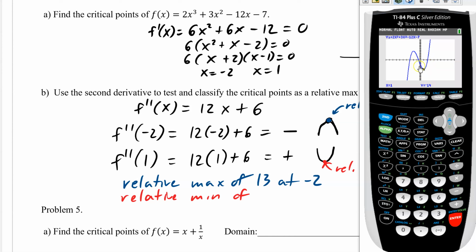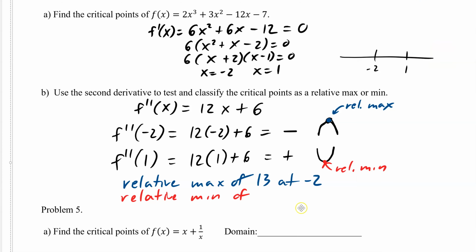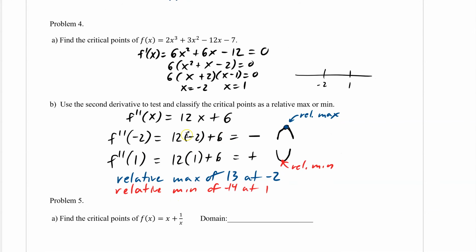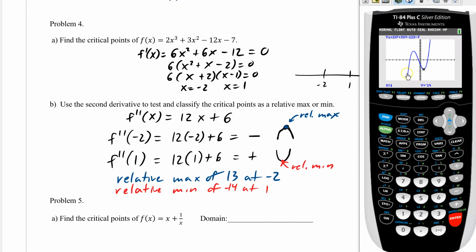So if it comes out concave up, we know it's a min. If it comes out concave down, we know it's a max. So -14 at 1. So there you have it. Now if this comes out to be 0, well then you have to go back and use the table that we've done before to find the intervals of increase and decrease, like here. We can see it's increasing, decreasing, increasing.